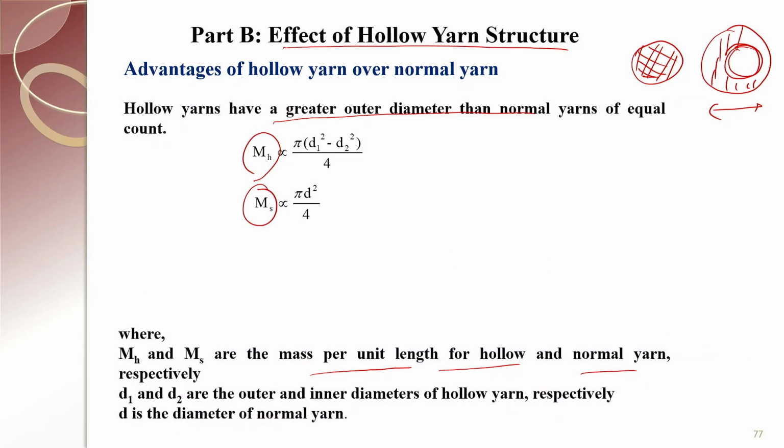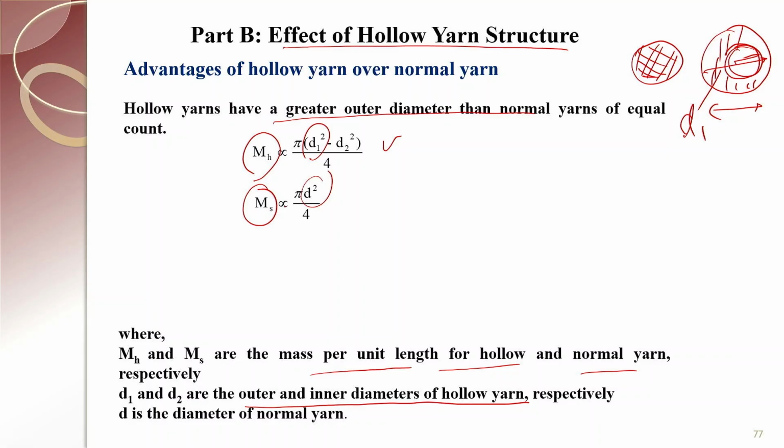For the hollow yarn, d1 is the outer diameter and d2 is the hollowness, the inner diameter. So, d1 and d2 are the outer and inner diameter of the hollow yarn respectively, and d is the diameter of the solid yarn.